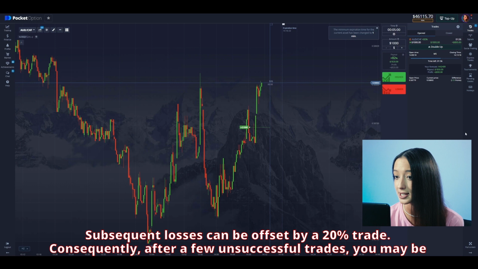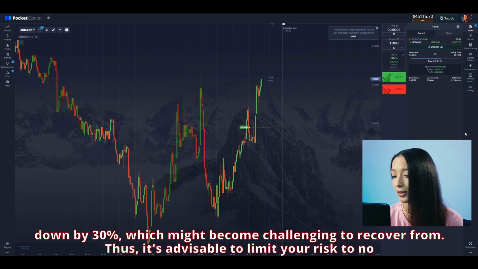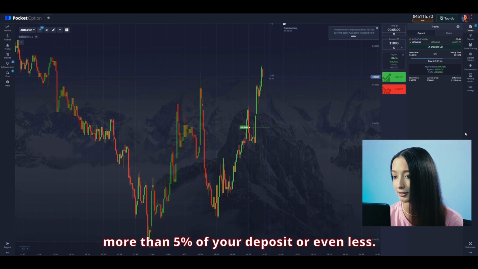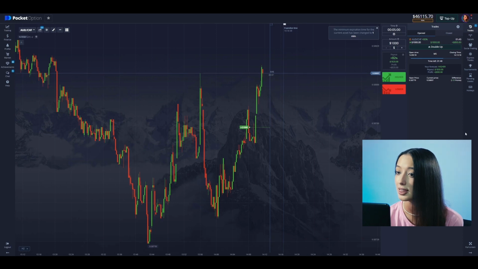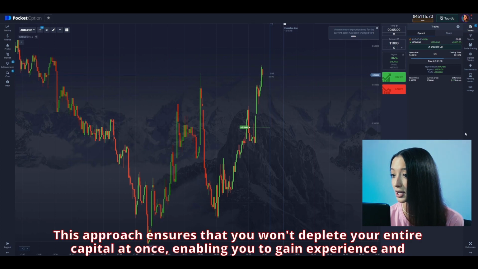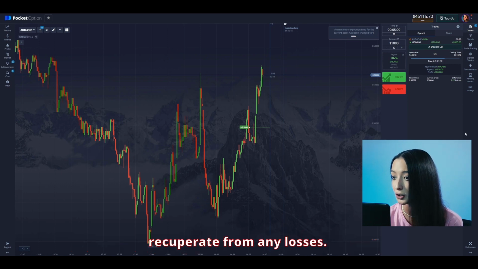Consequently, after a few unsuccessful trades, you may be down by 30%, which might become challenging to recover from. Thus, it's advisable to limit your risk to not more than 5% of your deposit or even less. This approach ensures that you won't deplete your entire capital at once, enabling you to gain experience and recuperate from any losses.